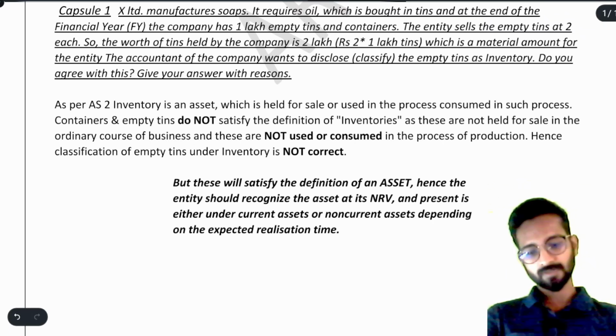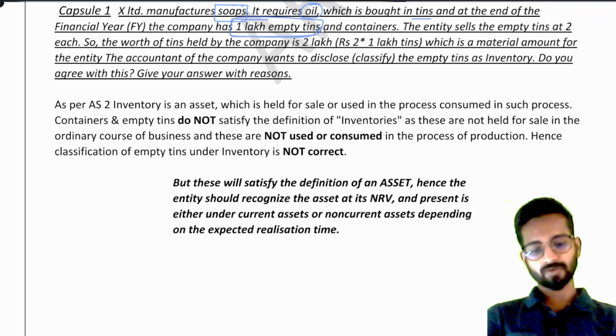Achha, this means, soap is our final product, oil is our raw material, we buy oil in tins, so at the end of the year the company has 1 lakh empty tins. Okay, the entity sells the empty tins at 2 rupees each, so the worth of tins held by the company is 2 lakh, obviously, because 1 lakh tins at 2 rupees each will be 2 lakh rupees.